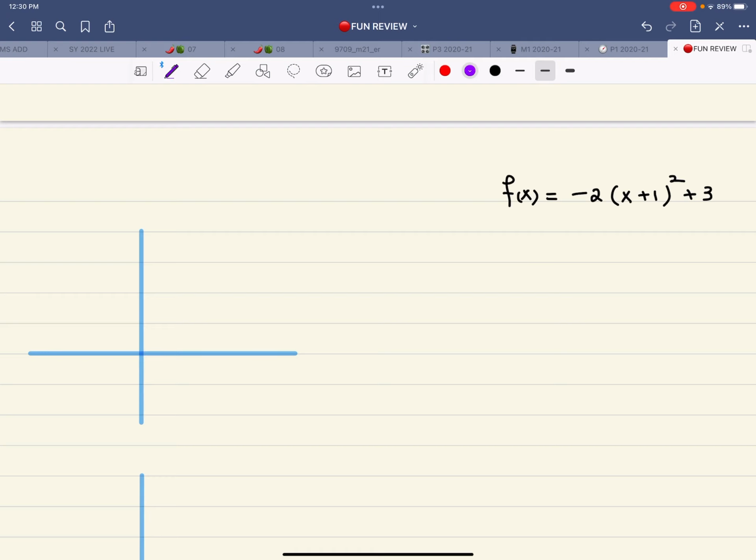This is a(x minus h) whole square plus k. A is negative, therefore it's a maximum. Minus h is plus 1, therefore h is negative 1, k is plus 3, therefore minus 1 comma 3 is the coordinate of the maximum point.